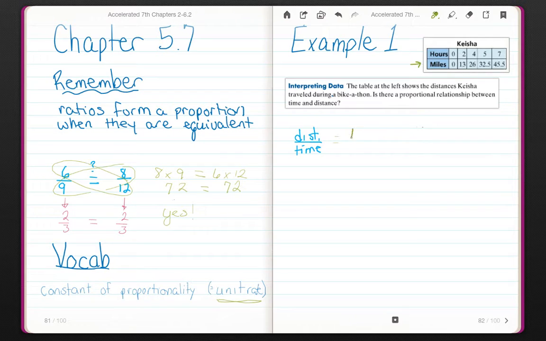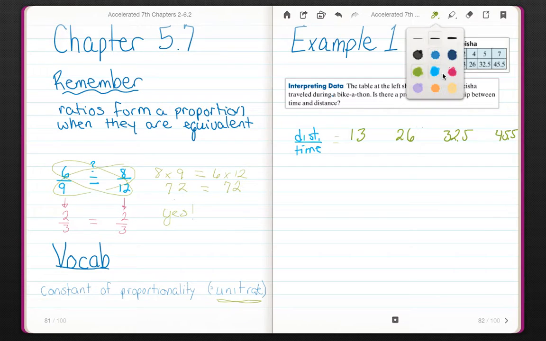We have a distance of 13, a distance of 26, a distance of 32.5, and 45.5. And we have time. How many hours did it take? 2 hours, 4 hours, 5 hours, and 7 hours.